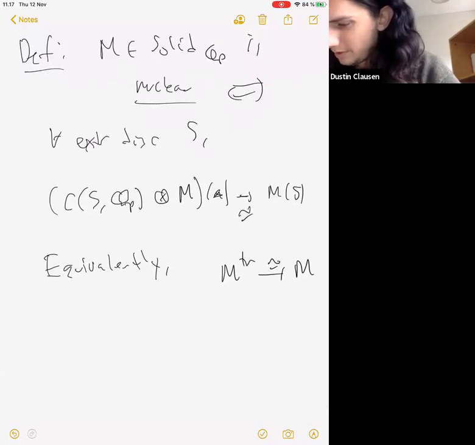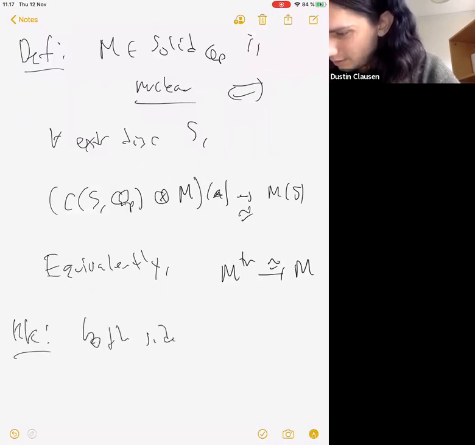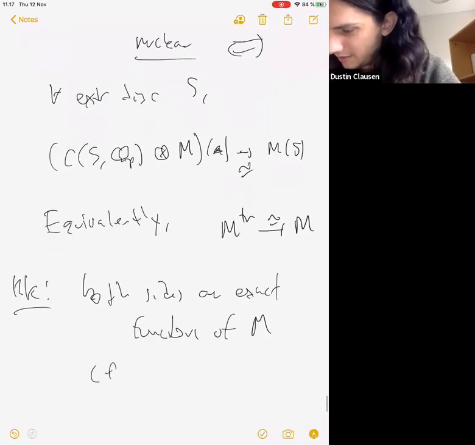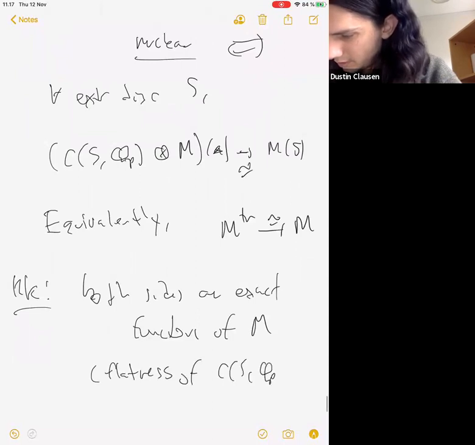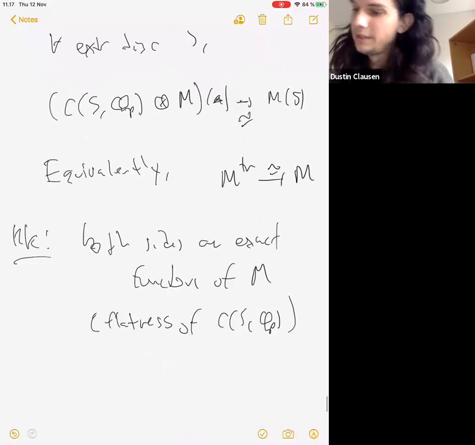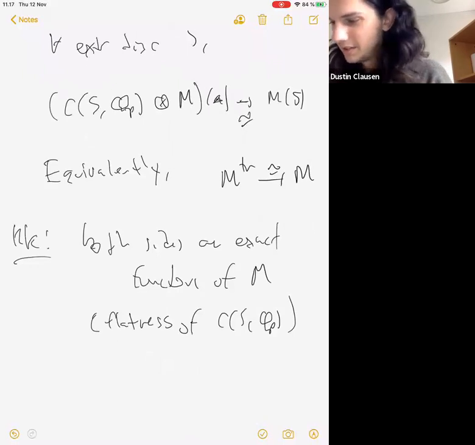Right, so let me remark. Both sides are exact functors of M. This is due to flatness of this ring of continuous functions, and the fact that evaluation on extremely disconnecteds is always an exact functor, in fact colimit preserving.